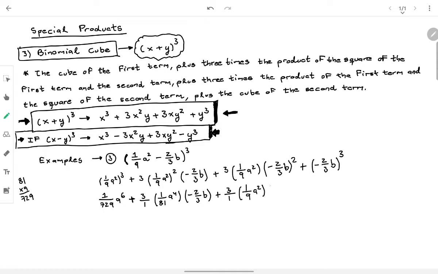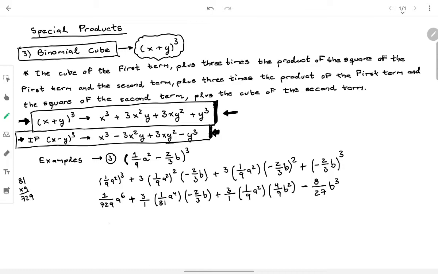Then it's going to be positive 4/9 of b squared minus 8 over 27 b cubed.